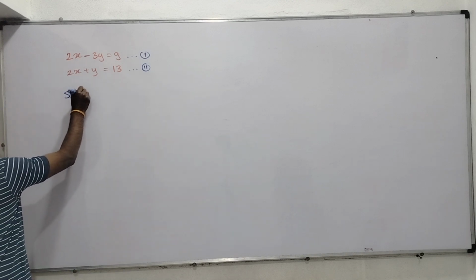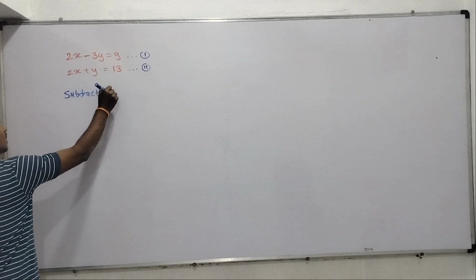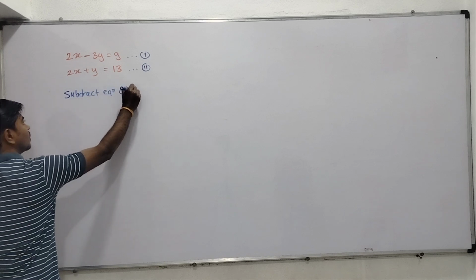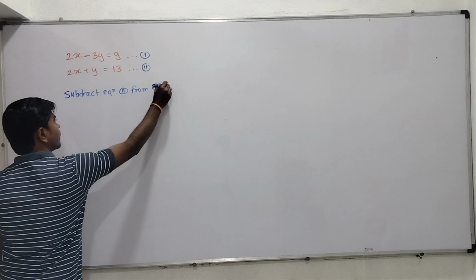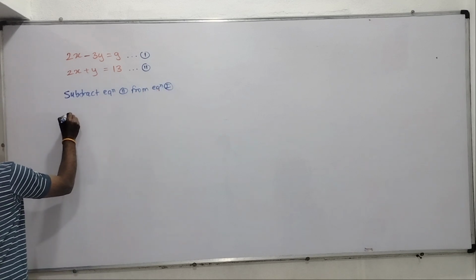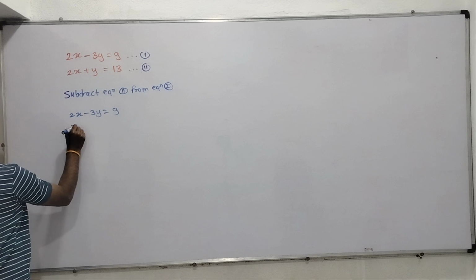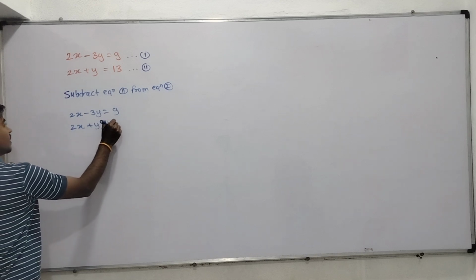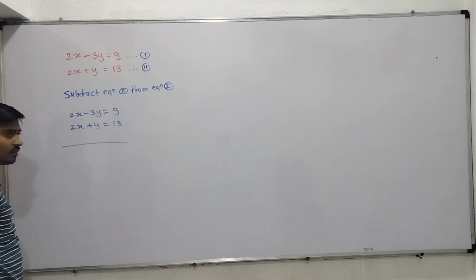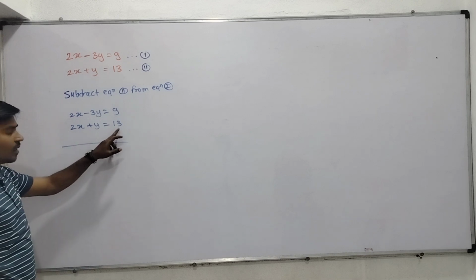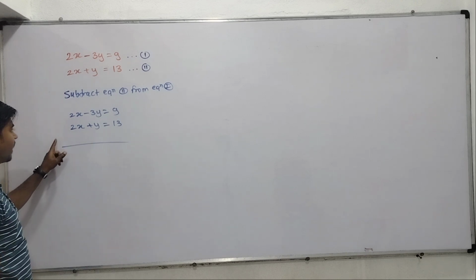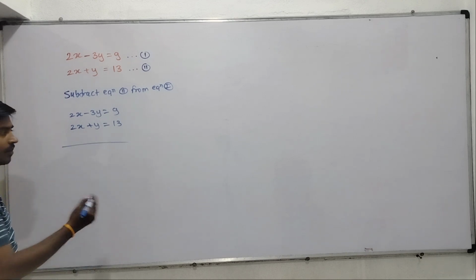So let's subtract equation 2 from equation 1. 2x minus 3y is equal to 9. 2x plus y is equal to 13. Here both terms are positive, so when subtracting, each positive term will become negative.